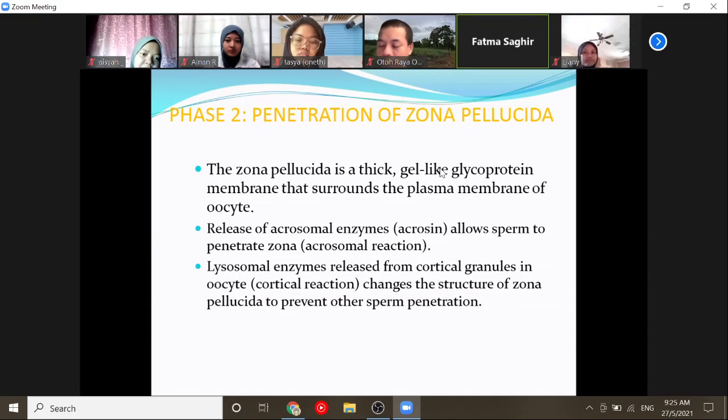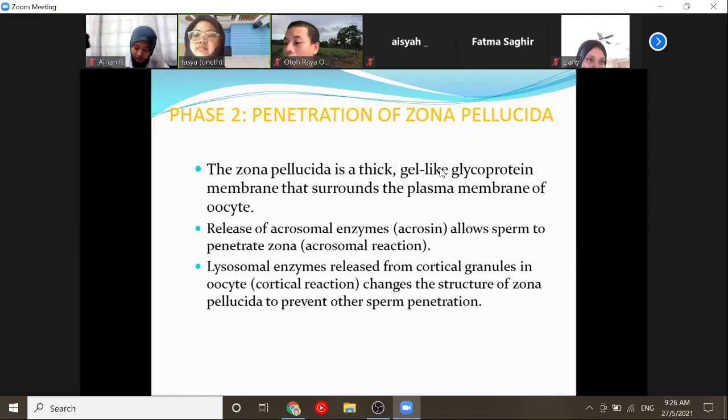Okay, how does the sperm move there? By the chemoattractant released by the oocyte. Yes, one of the things is attraction by chemicals released by oocytes. Another thing?